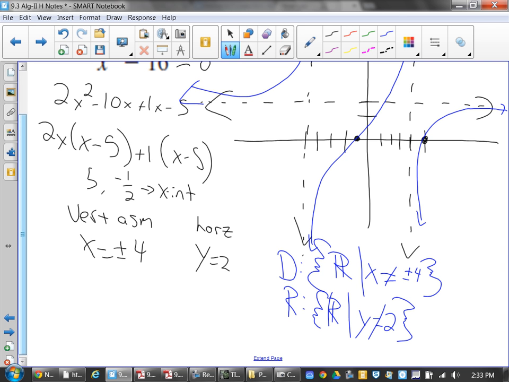Oh, yes, ma'am. I have a question. So, like, what in real life do people use asymptotes and these graphs for? Principal rate. When you're talking about compounding interest, things like that. You ever heard of the law of diminishing returns?